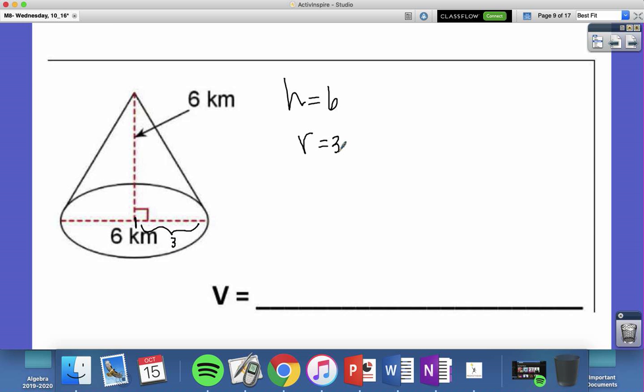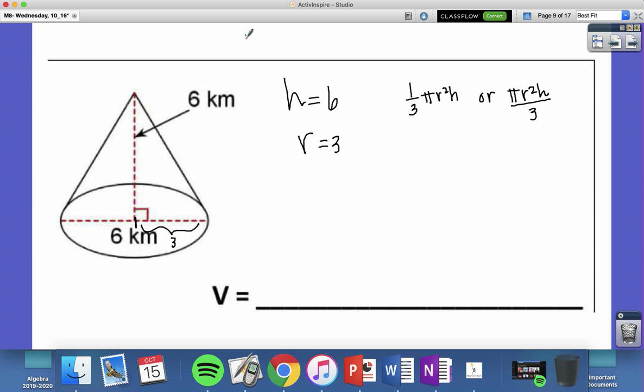So again, the volume of a cone is 1/3 pi r squared h, or you can do pi r squared h and divide it all by 3, whichever one you feel is easier. So I personally like just doing it all divided by 3.